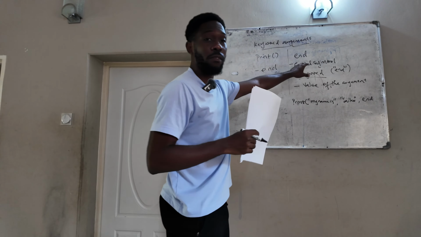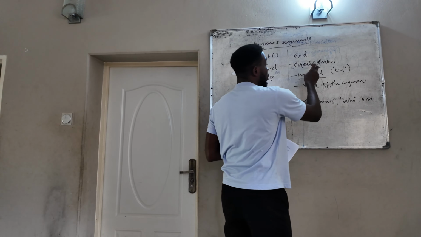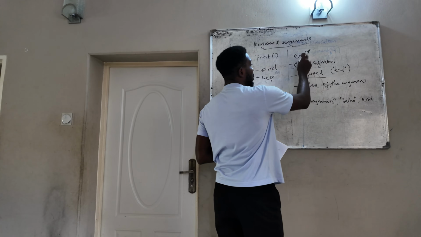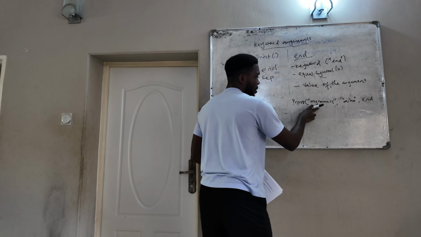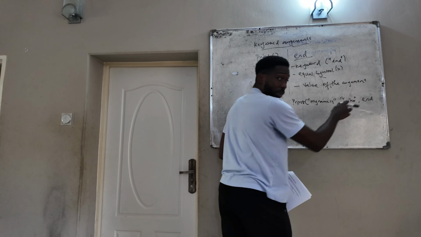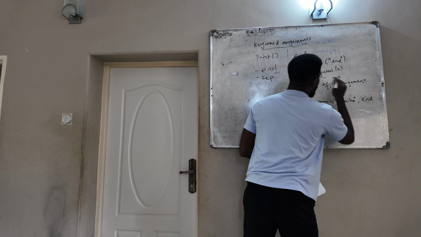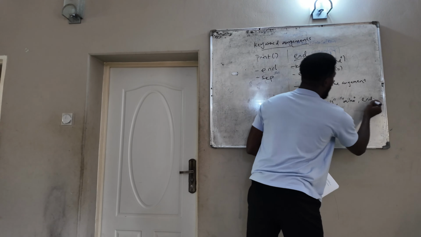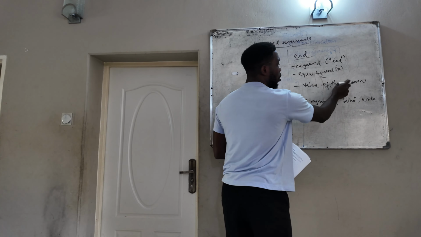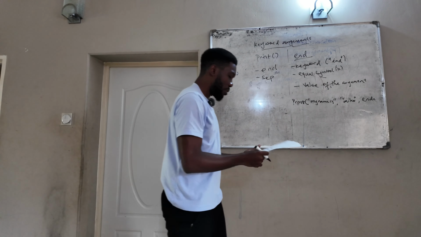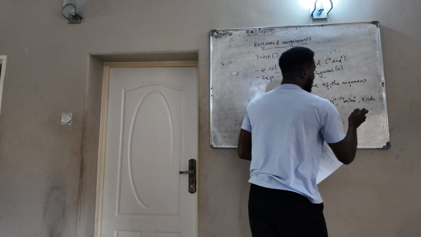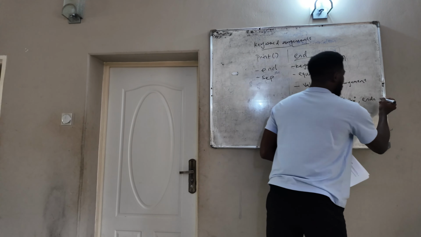What are the things that we said we need? We need the keyword, the equal symbol, and the value of the argument. So after my name is Psycho, comes the keyword argument, end, the equal symbol, and the value of the argument. In this case, we are going to use just, let's say, quotation marks with a space.